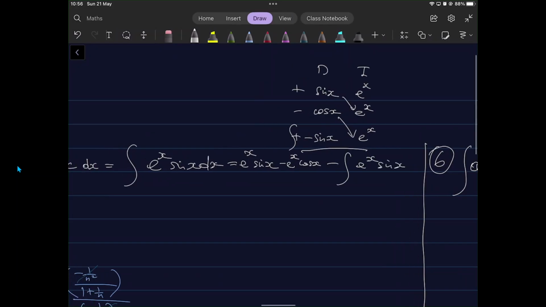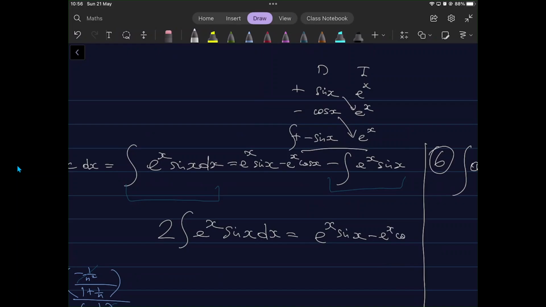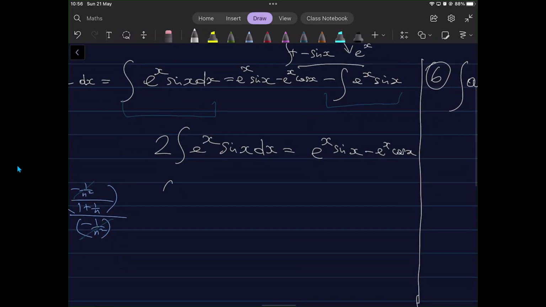And the point is, this term over here is the same as that term over there, so we can combine them onto the same side. So we get 2 lots of the integral of e to the power of x sine x dx is equal to e to the x sine x minus e to the x cosine of x. And finally divide both sides by 2. The integral we were trying to find is equal to half of e to the x sine x minus half of e to the x cosine of x plus c, and we are done.